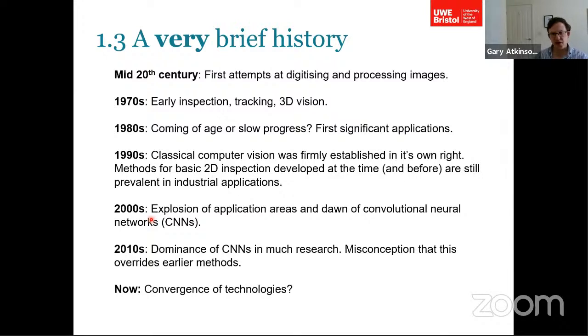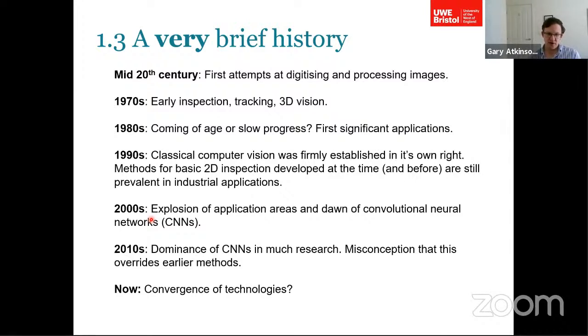But that doesn't mean that we need to override what we've already achieved over the previous decades. I think this is quite a pivotal time because we've got the firmly established classical methods of computer vision, and we've got the state-of-the-art CNN technologies.